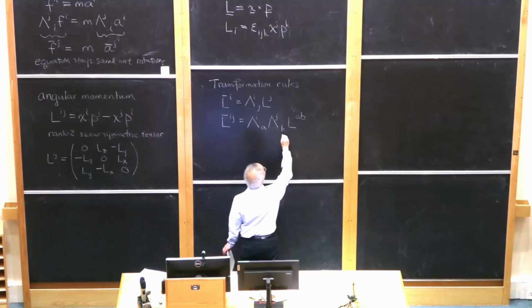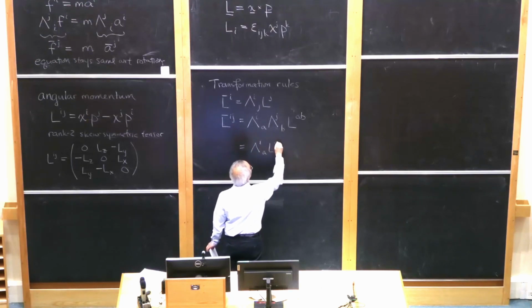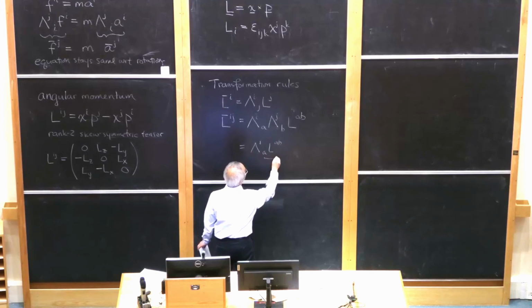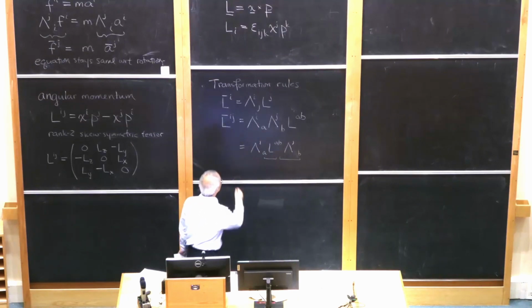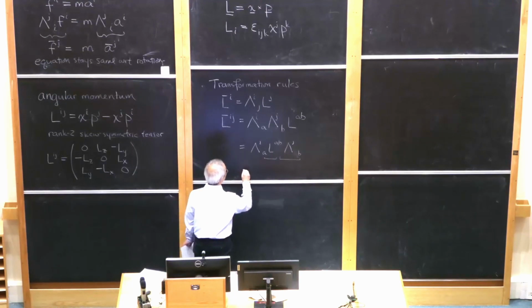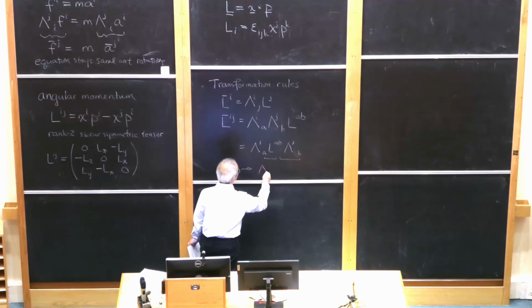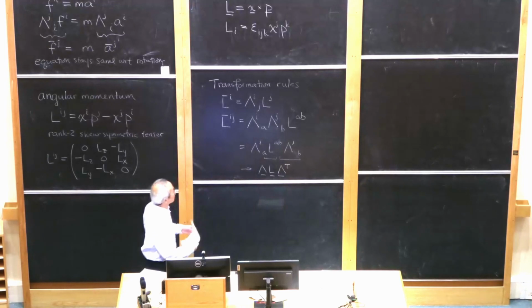To do that, we have lambda IA LAB, just to get the two indices next to each other so it looks like a matrix multiplication. Then you have a little problem because that's the wrong index, but no problem. In matrix notation, we're just going to write this as lambda L and then lambda transpose, and that puts our indices in the right place.